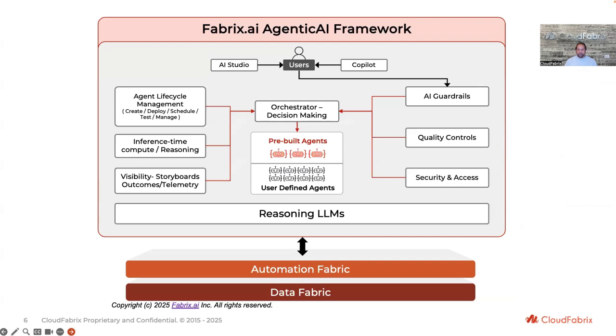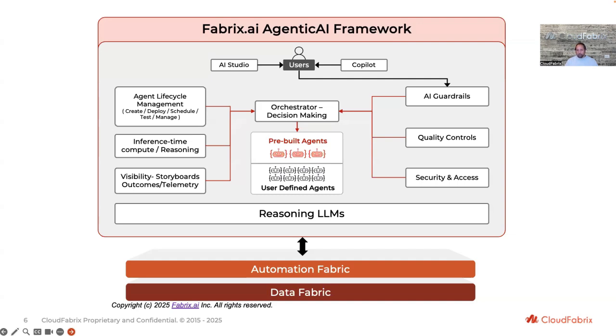So we have an agent studio, as well as a copilot, where you can provide conversational phrases, and the AI orchestrator looks at it through the AI guardrails, and then the orchestrator is able to break that task down into an agent, and orchestrate across the entire life cycle.